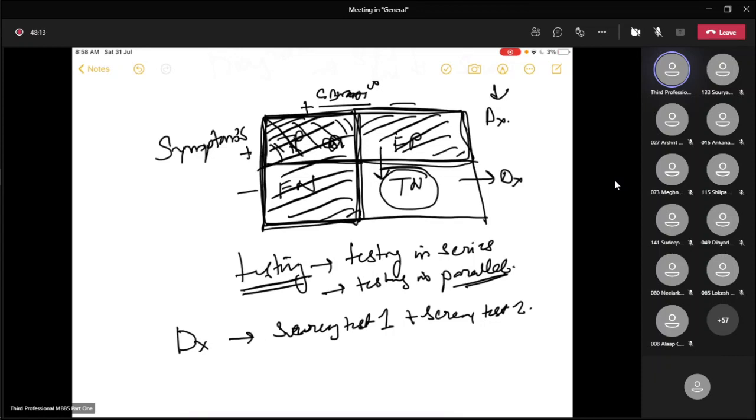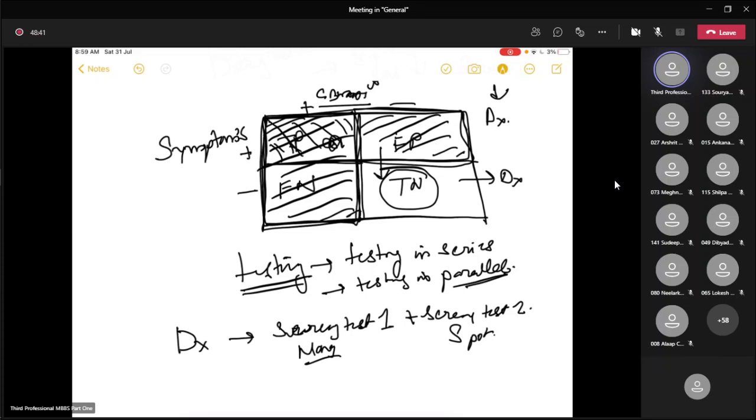Okay. So do you know any example of this? We do sputum smear in TB, right? We do a sputum smear of morning and we do a sputum smear spot.